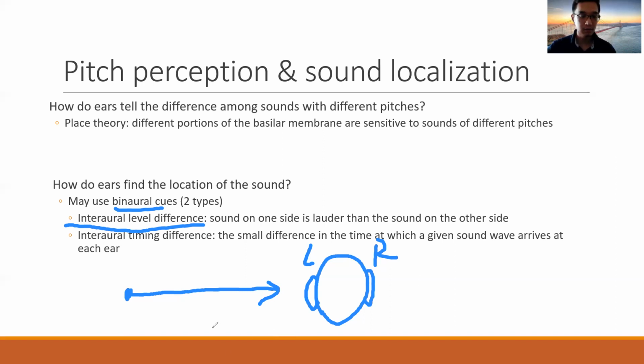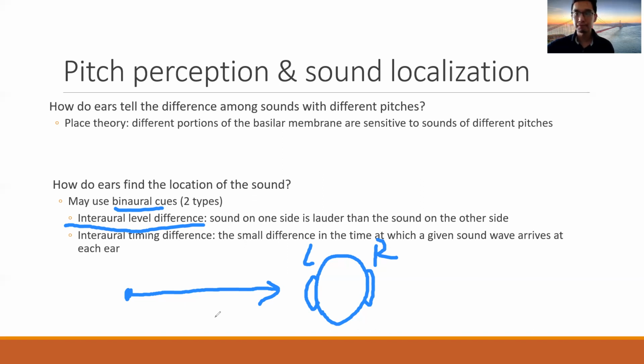I think you can get it. You have the experience. When you are really close to a car and that car is making a noise, you can hear a very, very loud noise. But when the car is driving far away from you, that noise is weaker and weaker because the car is far away.